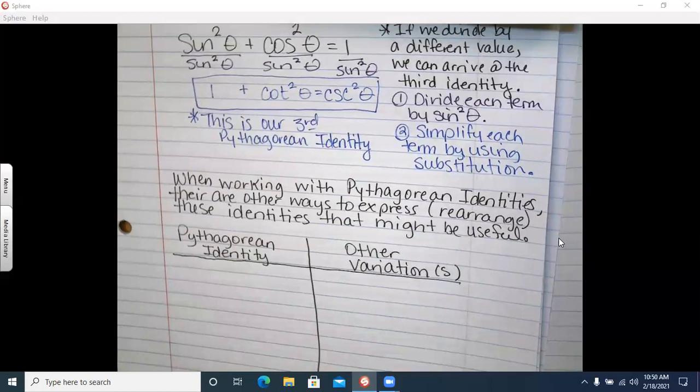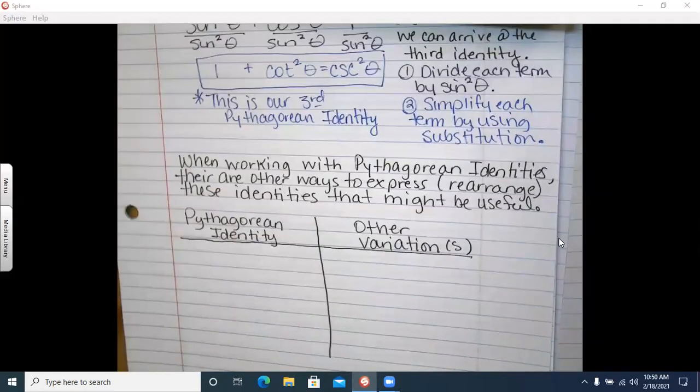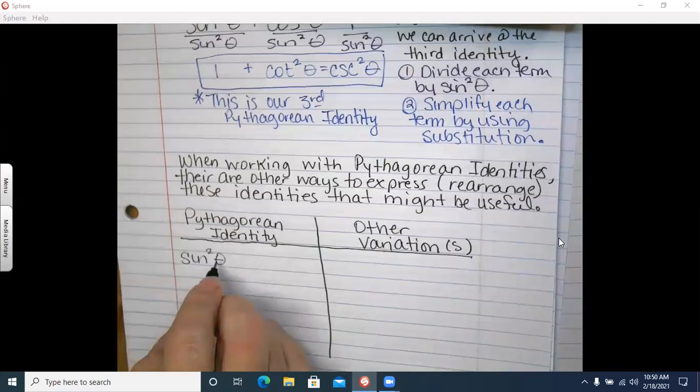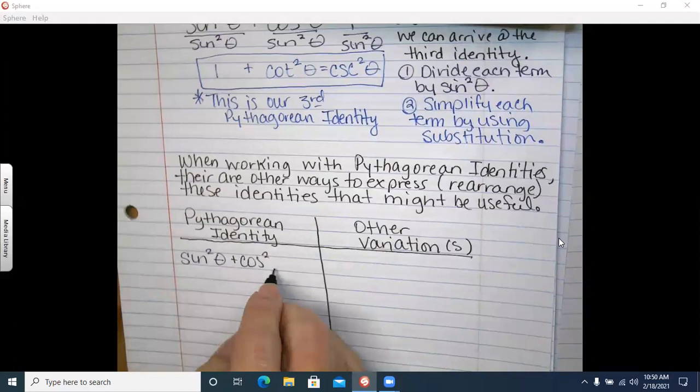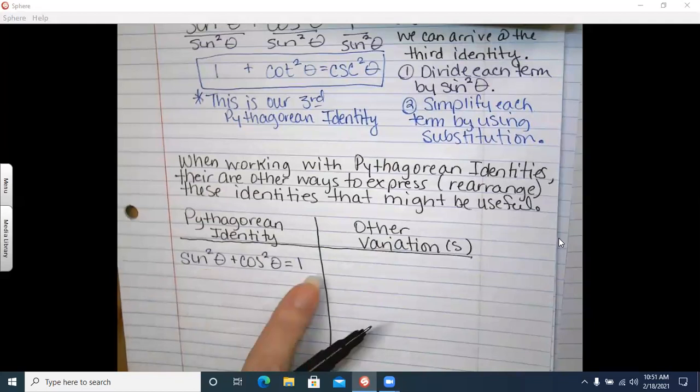So I'll start with that main one, which was sine squared of theta plus cosine squared of theta equals 1. Of course, I'm not going to say cosine squared of theta plus sine squared of theta equals 1. That's kind of obvious, adding it. So you could also write that as, if you just wanted sine squared of theta to be on one side, isolate it.